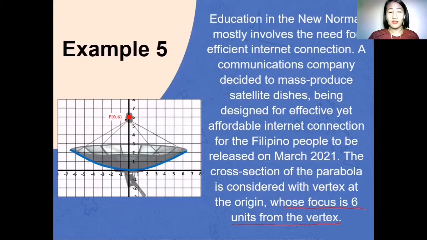And with that, you're going to have a focus which is 0, 6. How did we get 0, 6? Since the satellite dish faces upward, it means that our x coordinate will be 0 and the y coordinate will be 6 units away from the origin or from the vertex. So that is 0, 6.